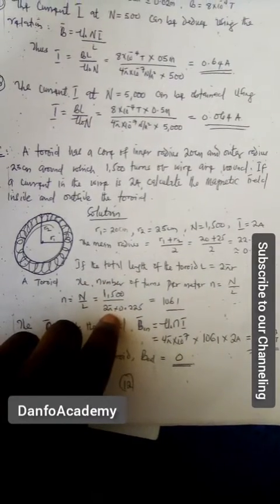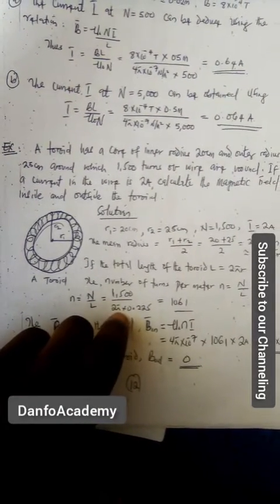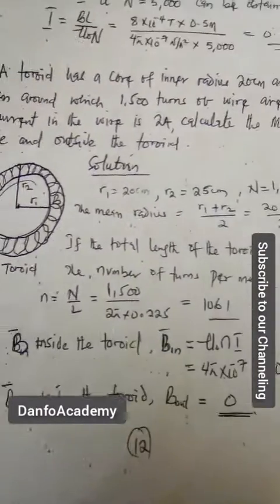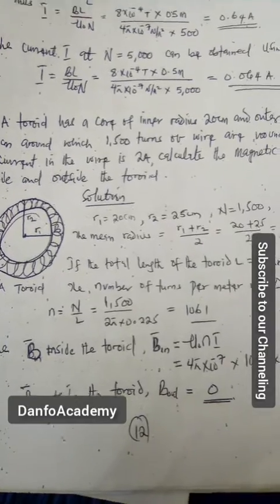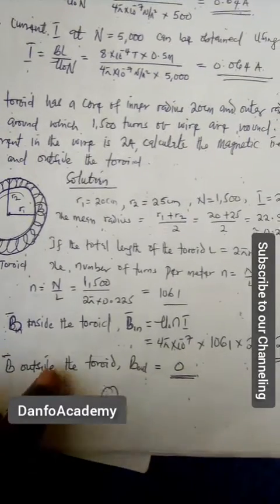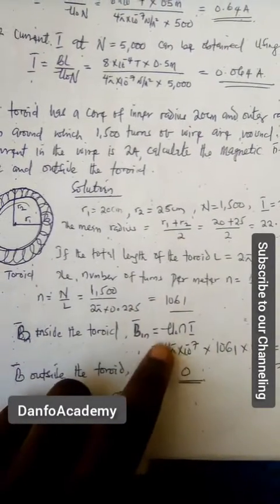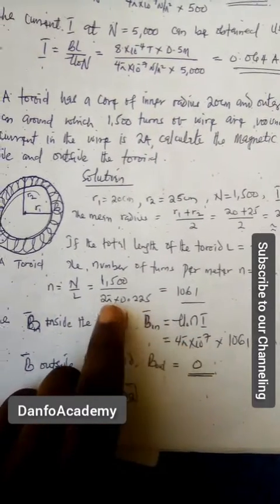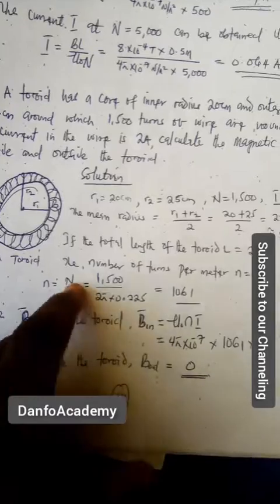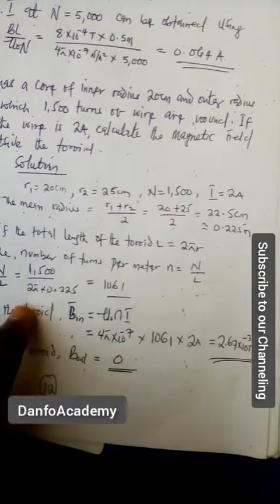Divide this by the L. So afterwards, all you do here is just to make this μ0nI. If it's this you want to use, or you can just use B equals μ0NI over L.